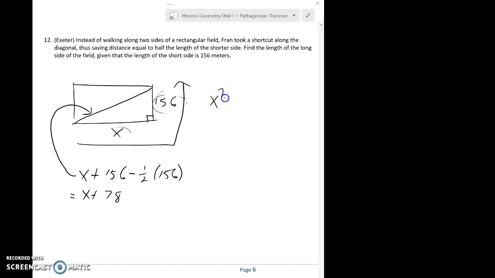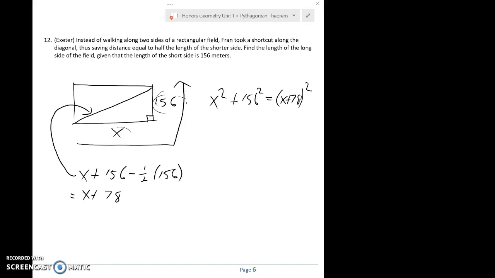So I have x squared plus 156 squared equals, and I'll put parentheses, x plus 78 squared. Notice, remember, it's the quantity of x plus 78 that's squared, not x plus 78 squared, where just the 78 is being squared. All right, now for this, feel free to use your calculator.